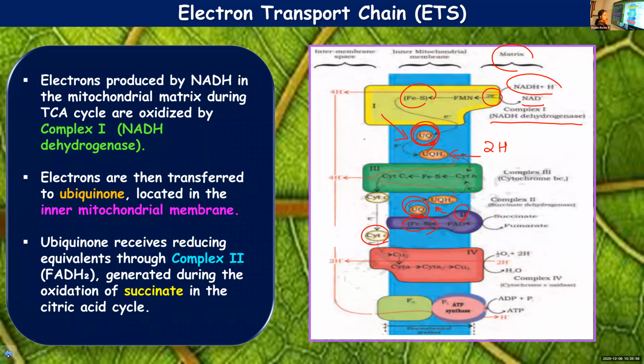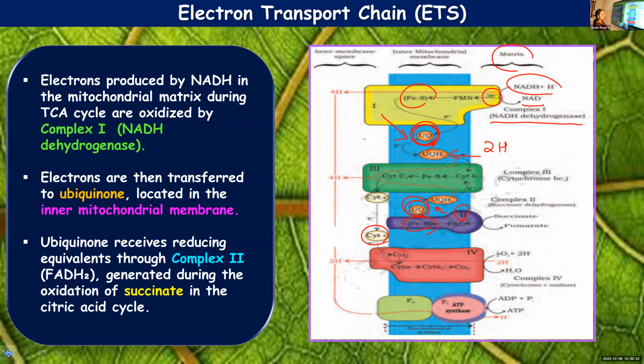The normal form, ubiquinone, once it accepts electrons and protons and gets reduced, you call it ubiquinol. I told you, it's a common electron acceptor carrier, receiving electrons both from complex 1 and complex 2. Complex 2 is succinate dehydrogenase.